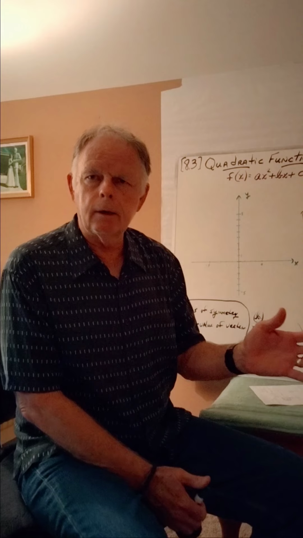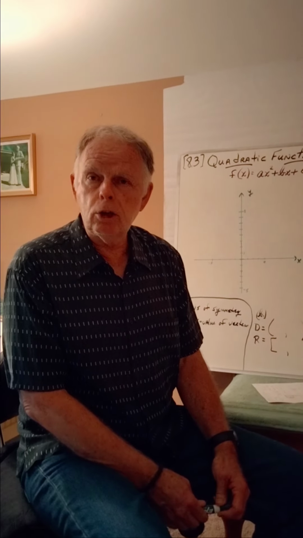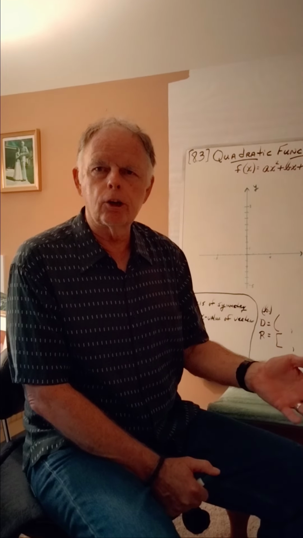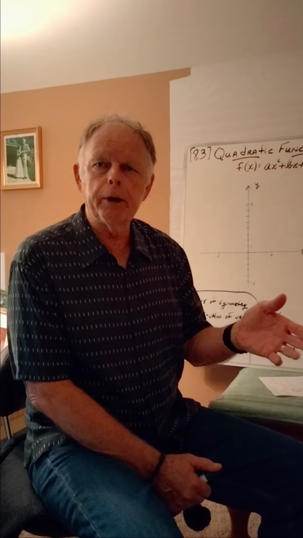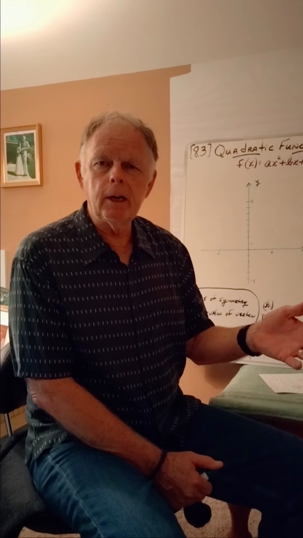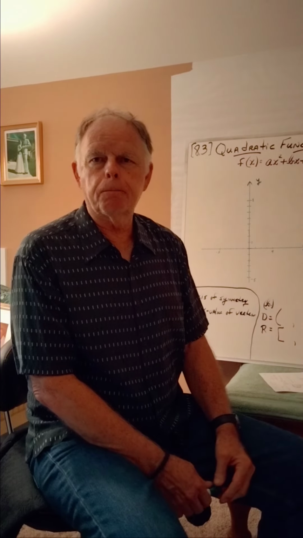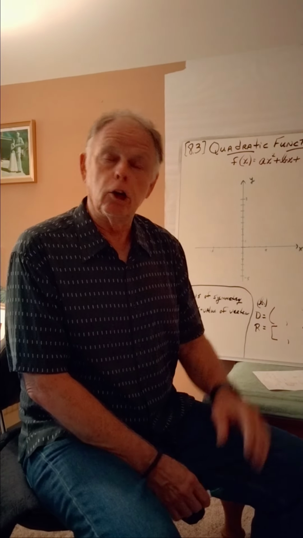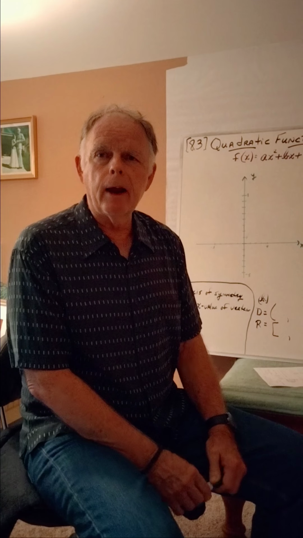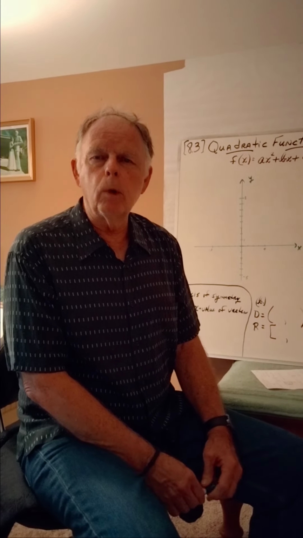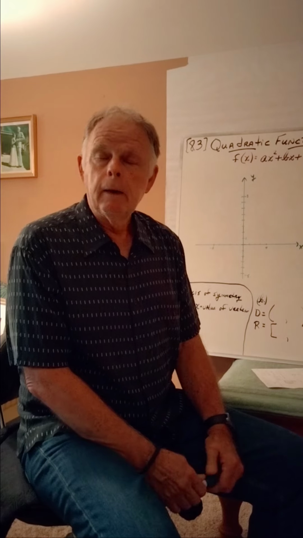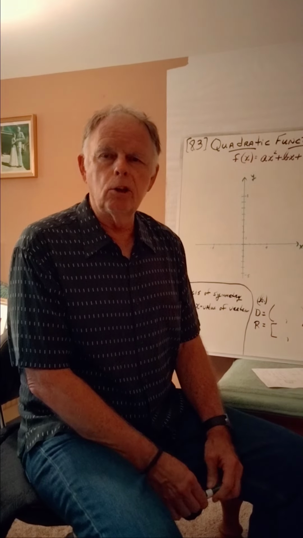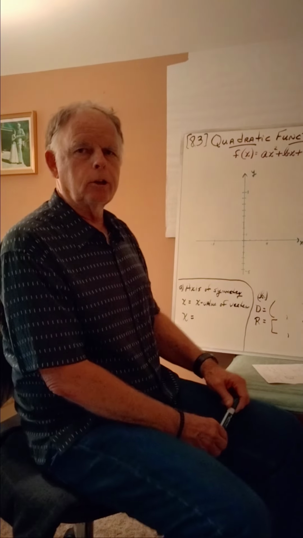I'm not discounting that method, but I think it is way too much work just to be able to take a quadratic function and come up with the necessary ordered pairs and graph the finished product. I understand where they're coming from, but I think they're asking for a lot of information that we just don't need to be concerned about. So please understand this as you're viewing this. I'm not doing it the way that the book will do it in 8.3.